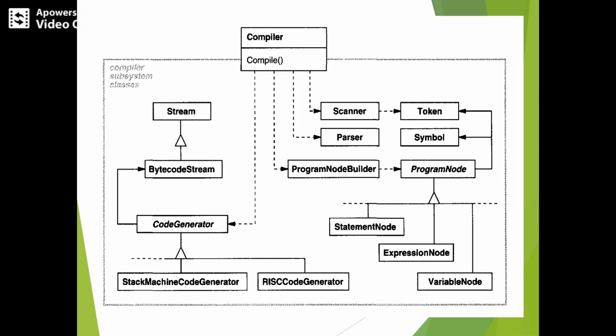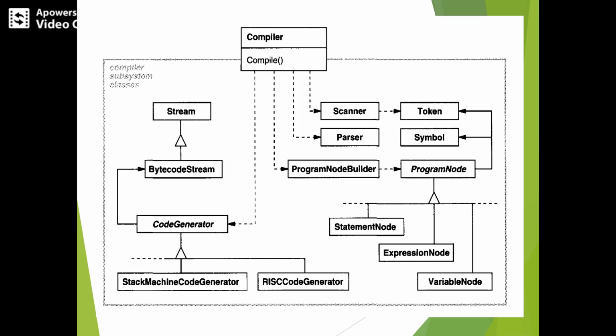Again, this will have the program node builder. The program node will have the symbol and token. This program node will again generate the statement node, expression node, and respective variable nodes.